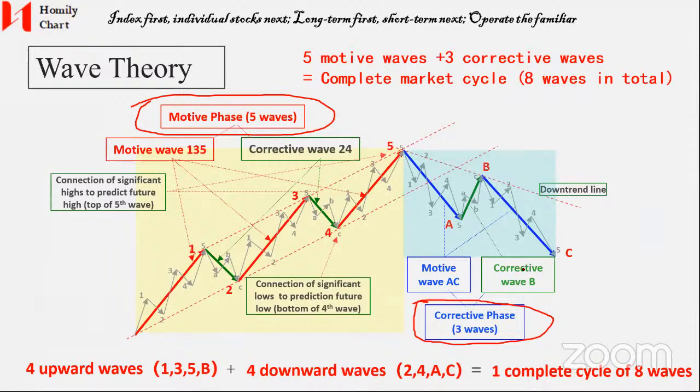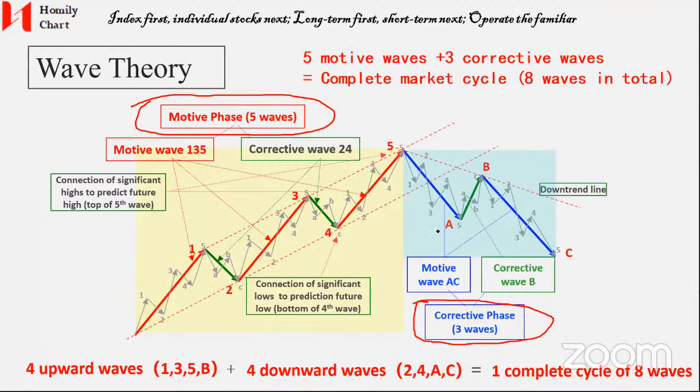The motive wave is in the same direction as the bigger scale, the same direction as the general trend. In the motive phase, the general direction is upward. That's why we say 1, 3, 5 are the motive waves, because they're in the same direction as the general trend. But in the corrective phase, the general direction is downward.